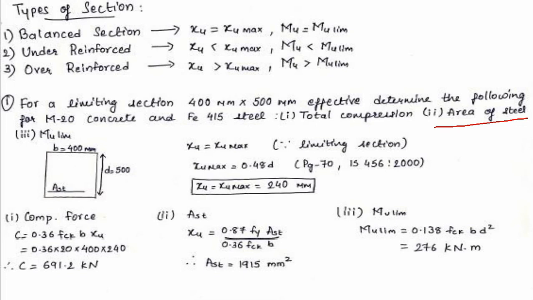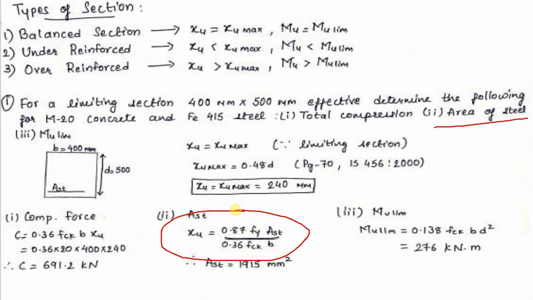There on the left hand side top corner you will see this equation that we have already seen in the previous lecture. Xu will be equal to 0.87 fy Ast upon 0.36 fck b.